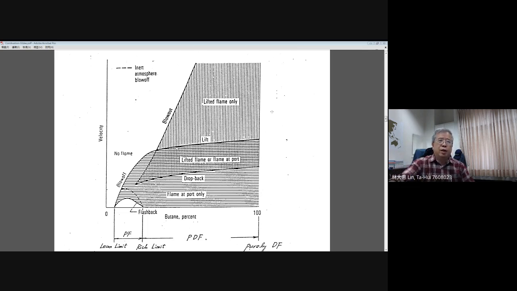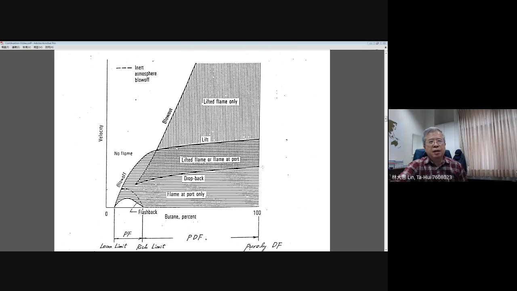Surprisingly, when you reduce it to the point of the lift-off condition, the flame cannot come back and stabilize on the port unless your velocity decreases to a certain value lower than the velocity for the lift-off. For example, here, at this point, the lower boundary, the flame drops back to your burner.